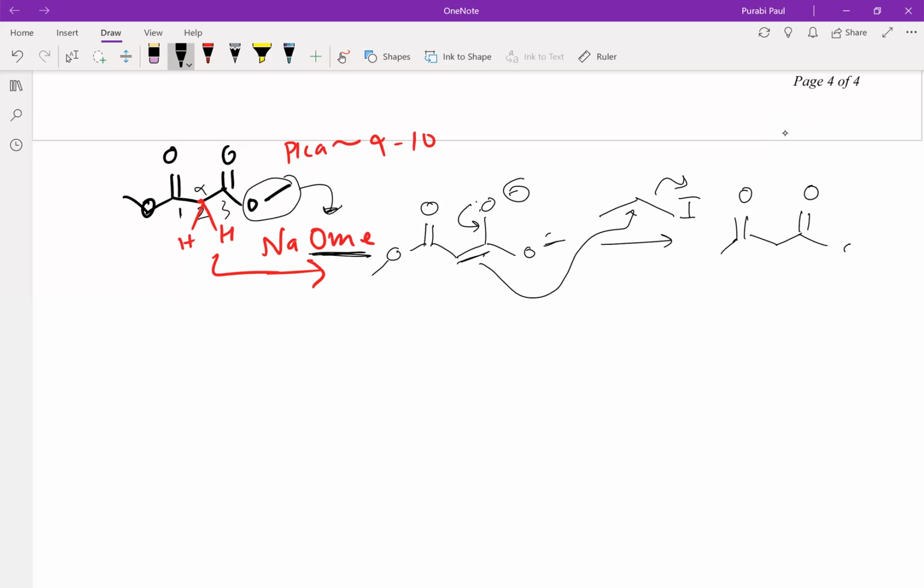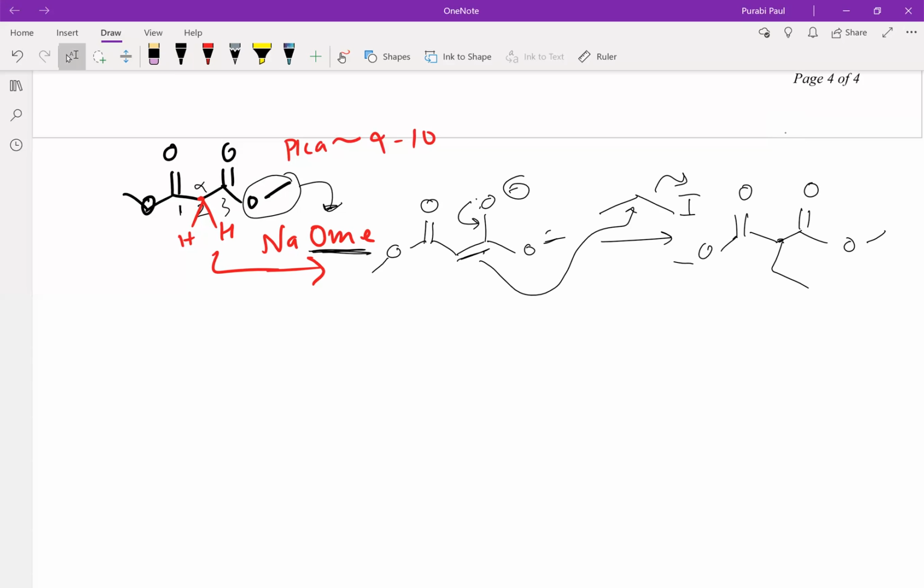So these are alkylated beta-ketoesters or alkylated dicarbonyls. Okay. Since there is again another proton left, you could perform the alkylation again, or you could stop here and do decarboxylation, which is what you're going to see a lot this quarter.